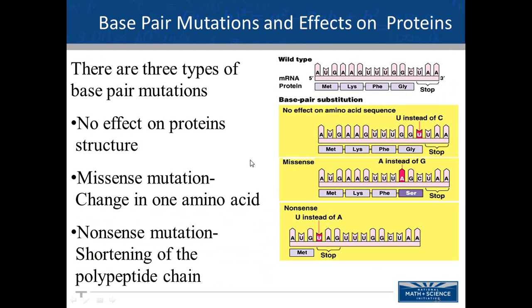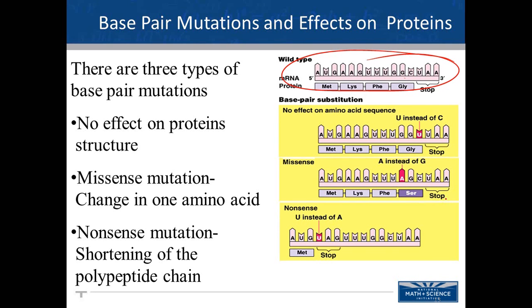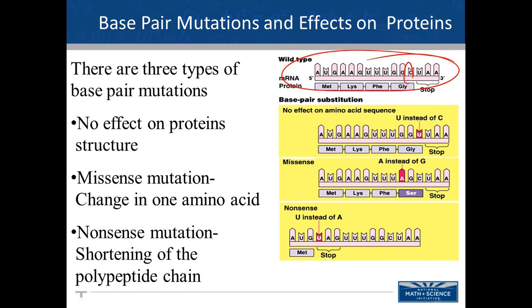We want to take some time and examine what happens when there are mutations in the gene and the effects on its protein. So there are three types of what we call substitution mutations. So let's suppose that right here we have a gene, and so let's suppose that right here we have a mutation, and instead of GGC we put an A right here.